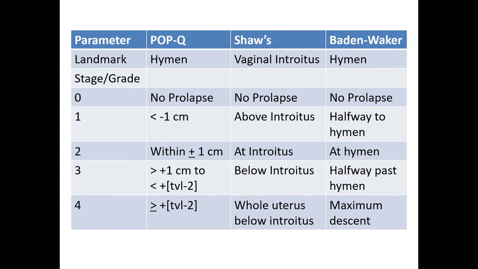Stage 2 is within ±1 centimeter of the hymen for POPQ, at the introitus for SHORTS, and at the hymen for Baden-Walker. And 3 is more than +1 centimeter but less than plus TVL -2 for POPQ, below the introitus for SHORTS, and halfway past the hymen for Baden-Walker. And 4 is more than or equal to plus TVL -2, and the whole uterus below the introitus for SHORTS, and the maximum descent for Baden-Walker.